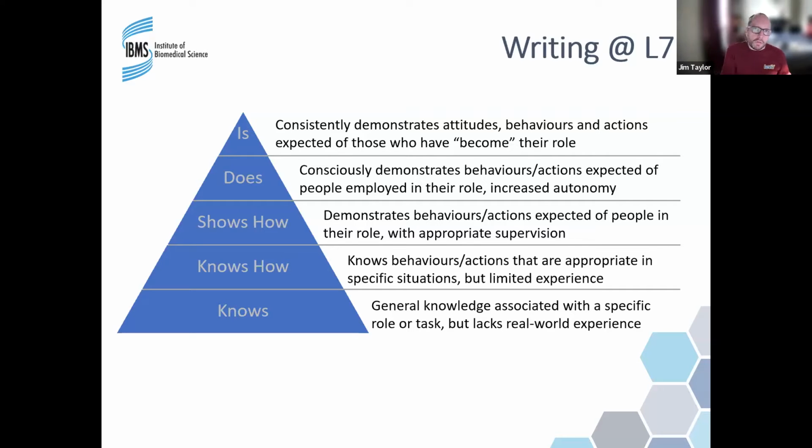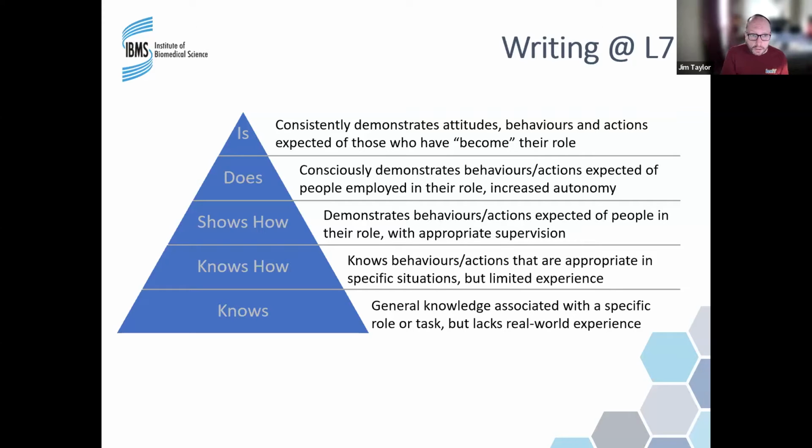But it's also very useful to apply to level 7 writing, because if you look at the domains of Miller's triangle, from the bottom, knows, right through to the top, is, you will see that as you've developed in your own career, you are moving through that series of domains.